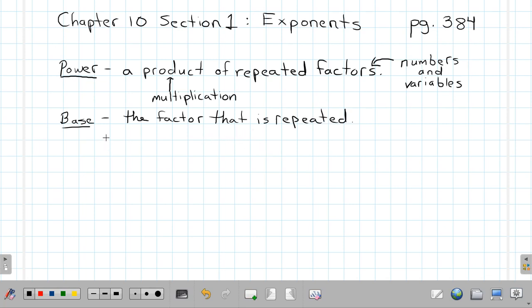And then lastly, what the whole section is about here, let's talk about what an exponent is. Well, the exponent, in relation to the 2 previous definitions, is just how many times.